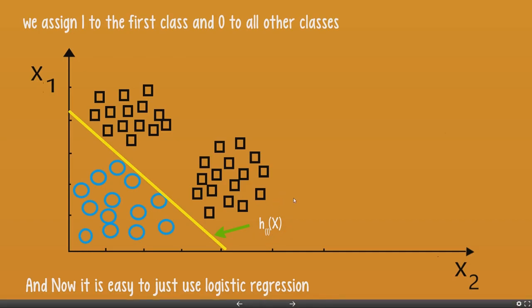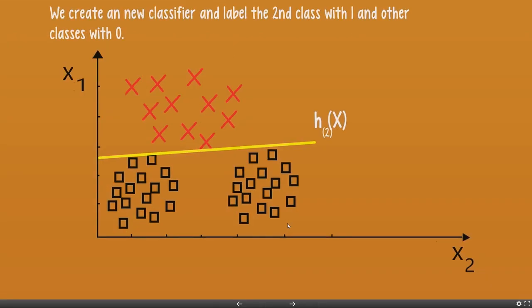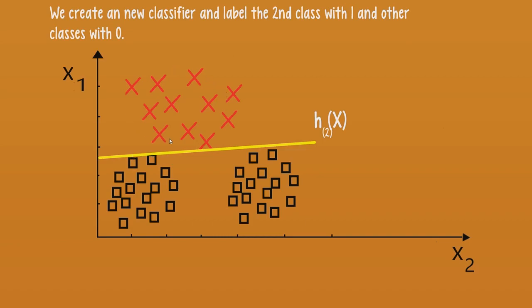So as I said, we train a classifier, let's call it h1 of x. Then we train another classifier, h subscript 2 of x, which is going to assign y equals 1 if the input is from class 2. If not, which means it's class 1 or 3, y is going to equal 0.